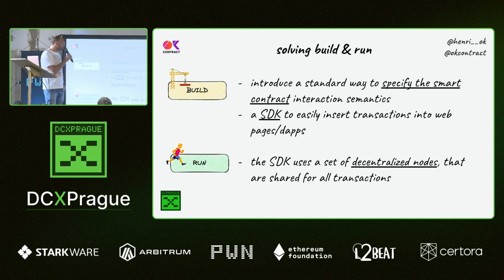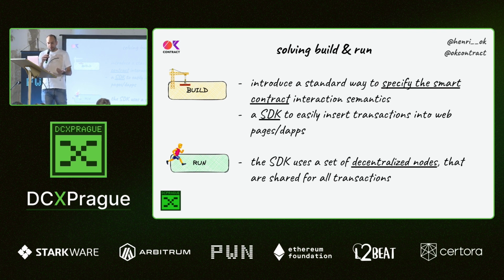So the solution that we began to think of was how to solve build and run by changing the build. So the build is first to introduce a standard way to specify the smart contracts interaction semantics, which we think is lacking, and then an SDK to easily insert these transactions into any web page, dApps, without touching that semantics again.